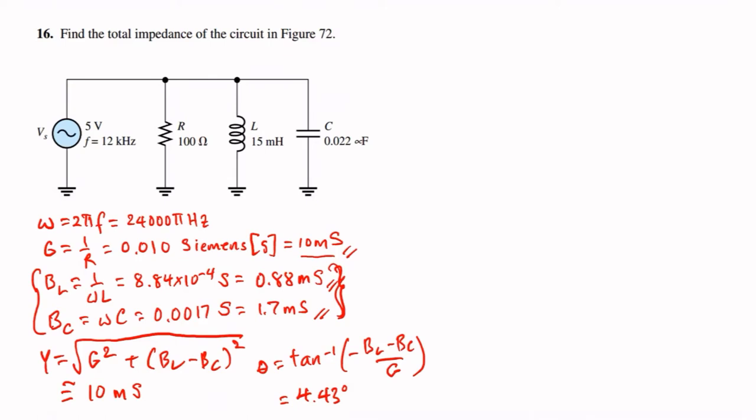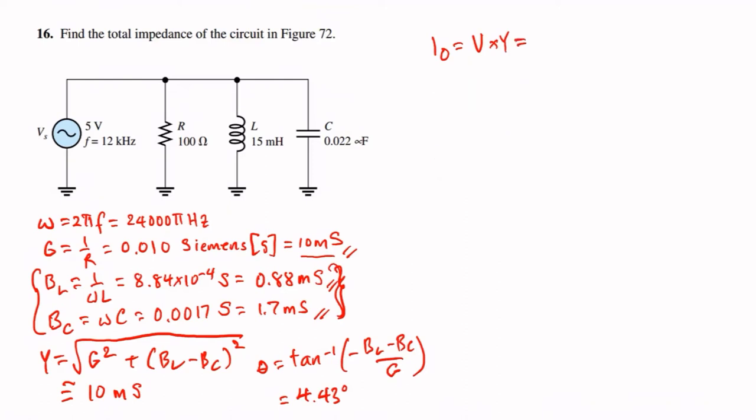Okay, let's solve for the amplitudes of the current. Let's solve for the amplitude of the current source first. So this will be V times Y. Now why is this? Remember that V is equal to IR, but since we're using conductance here, or the reciprocal of the resistance, then this will become I is equal to V times G. So it's the same also for the admittance and also for the susceptance.